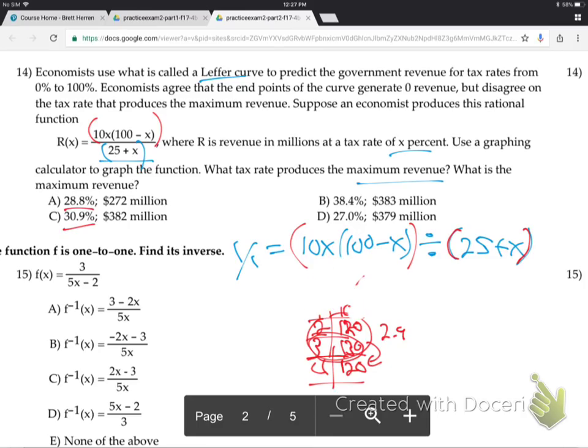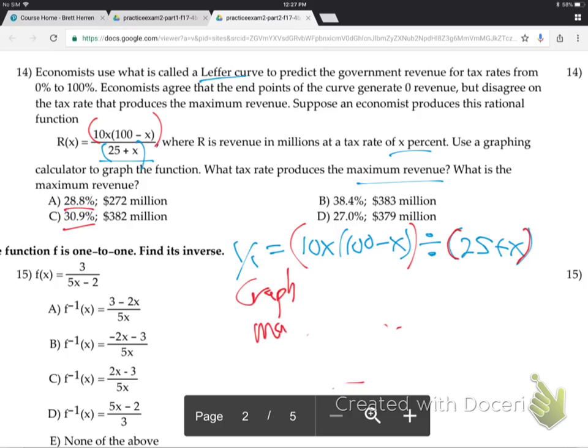So basically you just got to put it in your calculator, graph it, and find the max value. The problem with the graph is people hit the graph button, they see nothing on their screen. What do you do when you see nothing? You've got to hit second table, and then set the Y max to be the right Y max.